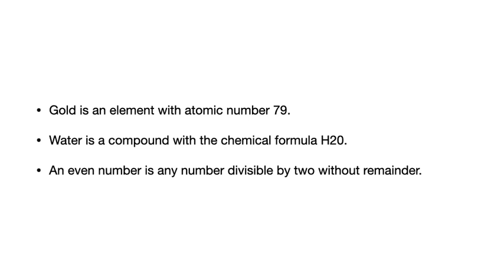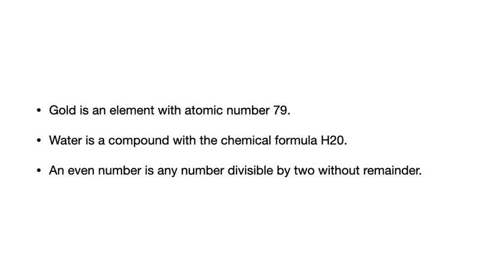Well, what are these saying, right? This is saying that anytime you have gold, you have an element with atomic number 79. But it's also saying if you have a big old lump of element with atomic number 79, you have gold. Being gold is a sufficient condition for being an atomic number 79 element.